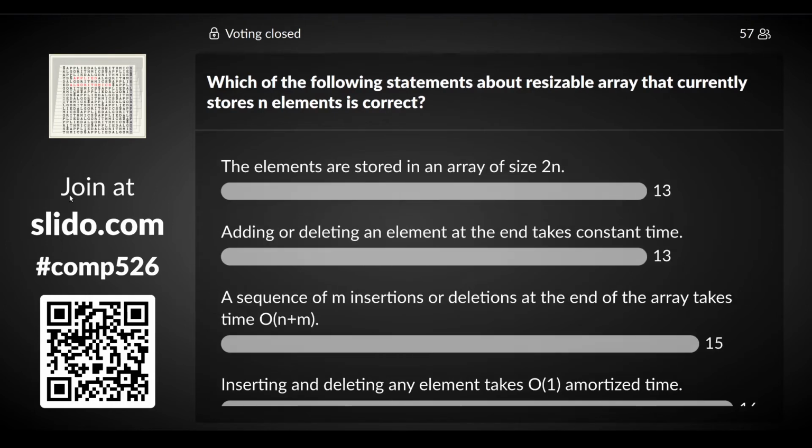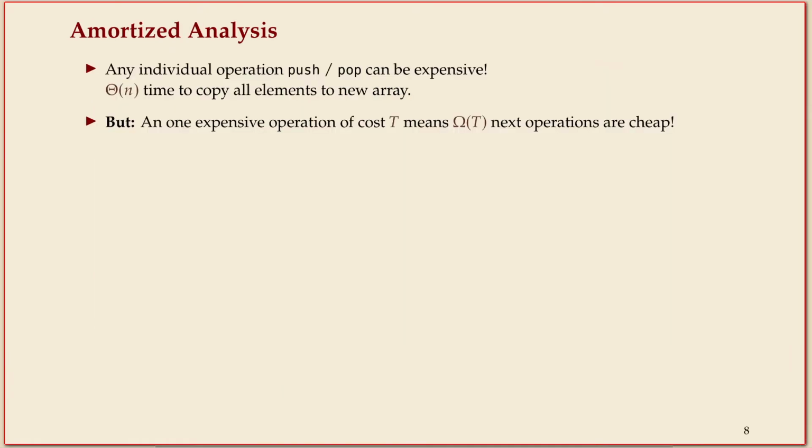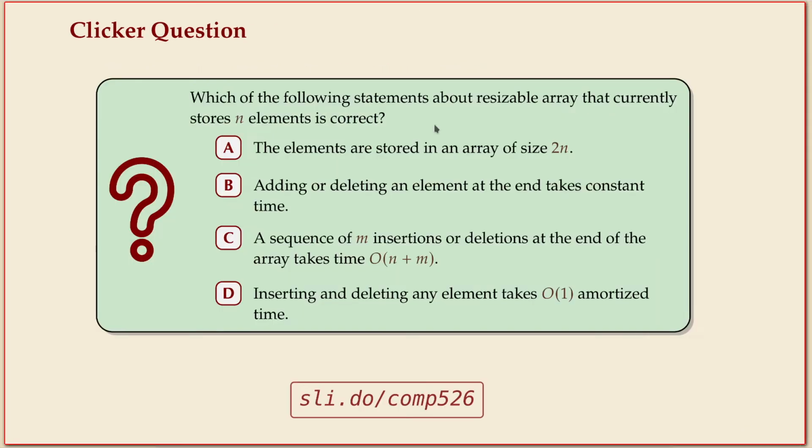This is an interesting one because all the answers got roughly a quarter of the votes, right? Only one is really correct, but this was a mean one. Let me briefly explain why. From what I've said so far, you can eliminate some of these.